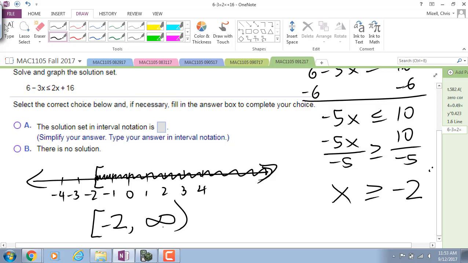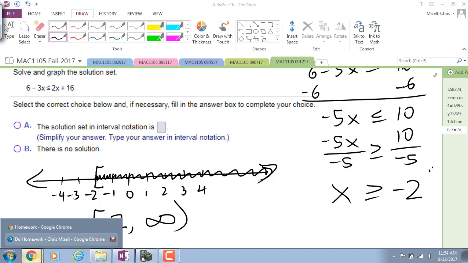Now, why use a parenthesis rather than a bracket on infinity? It's not a number. Infinity is simply a symbol that we use to indicate unboundedness in a particular direction. So always a parenthesis next to positive infinity, and always a parenthesis next to negative infinity; you never put a bracket on the infinity.